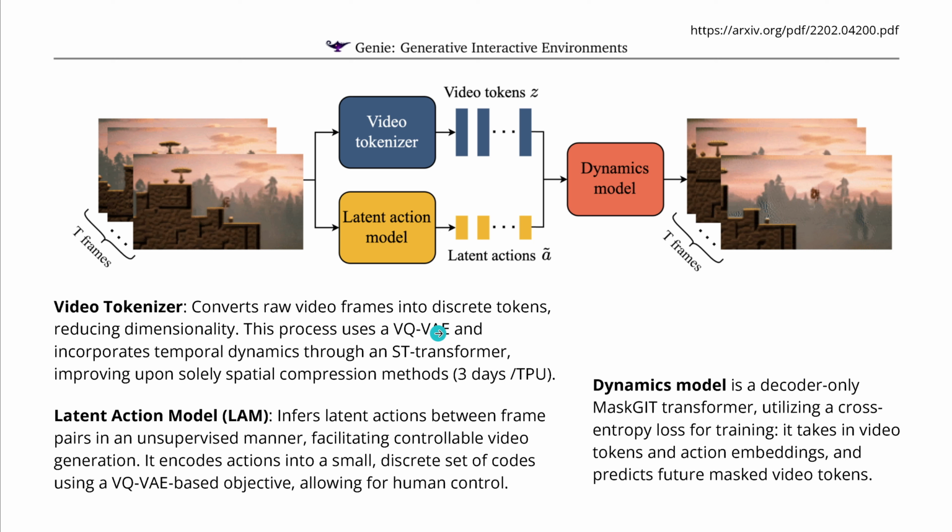And yeah, in the simplest case, Google uses a vector quantization variational autoencoder and incorporates the temporal dynamics of the system through a simplified ST transformer, improving upon solely the spatial compression methodology. And just to give you an idea how long it takes just to find a tokenization, Google said, hey, this took about 3 days on our TPU cluster. So you get an idea: for a two-dimensional, simple game, low resolution, there's a lot of computation to do.